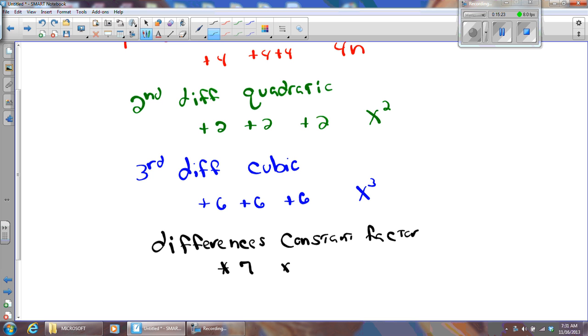Times 7 every time. Okay. If you find that, it's going to be 7 to the power of n. Okay. And those are called exponential. I think I forgot to mention that. That is called exponential. So today what we actually did was mostly exponential functions.